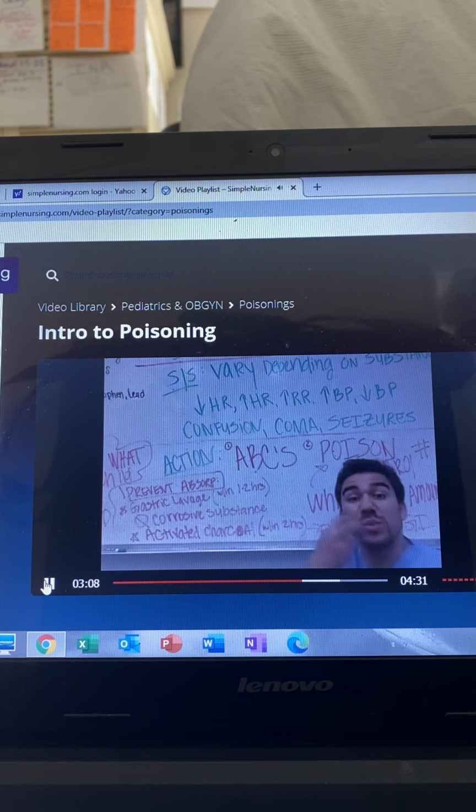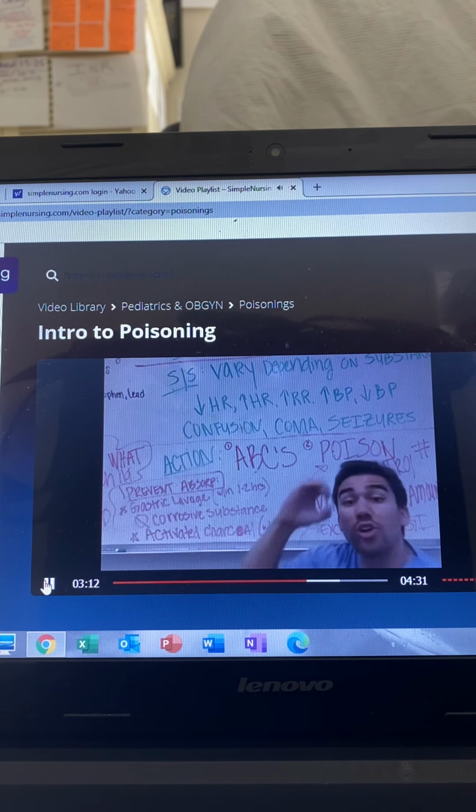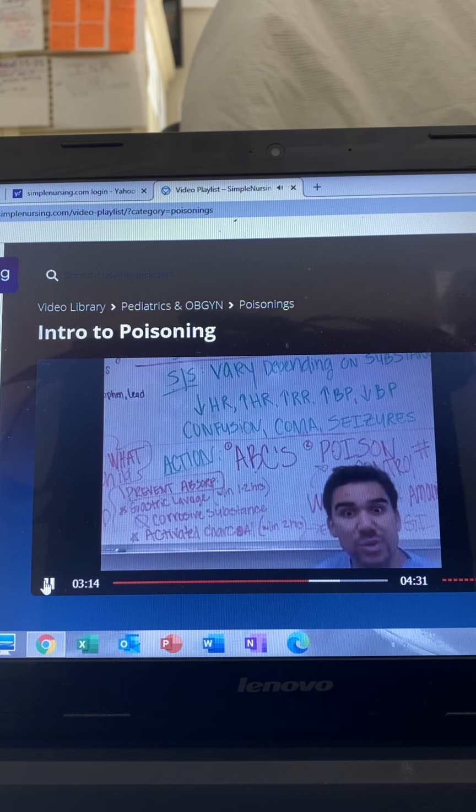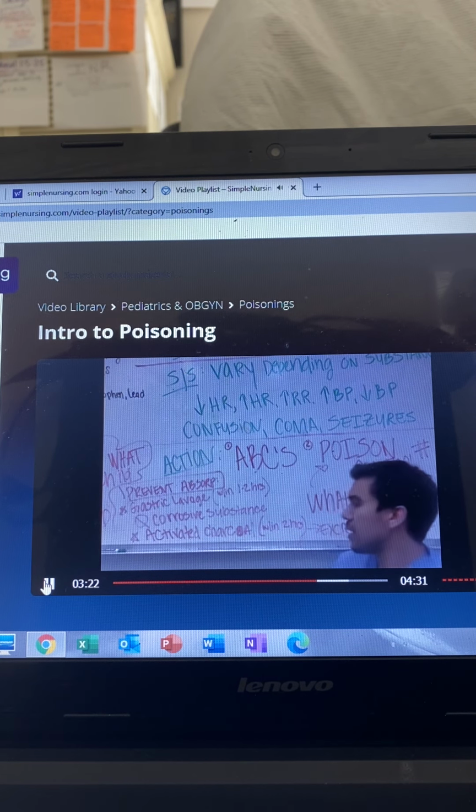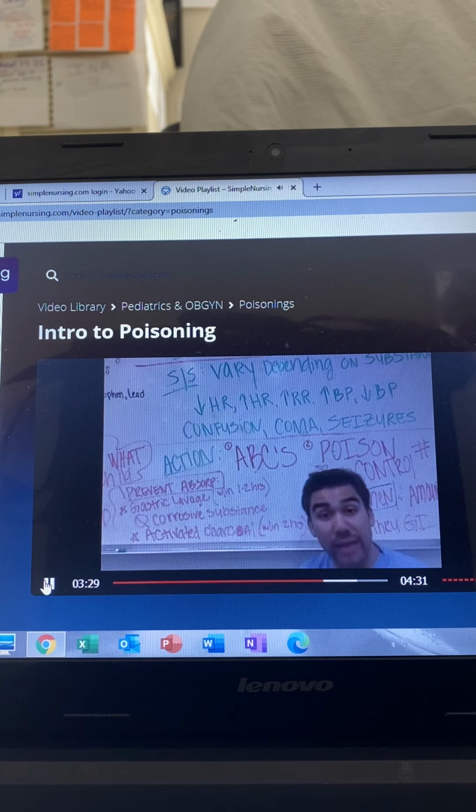So activated charcoal will get your teeth all black, but it's actually charcoal, the same properties that we use for barbecues. But charcoal itself helps to absorb any type of poison inside the GI tract.